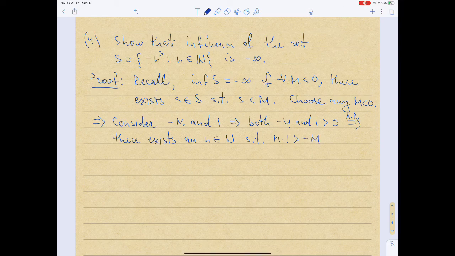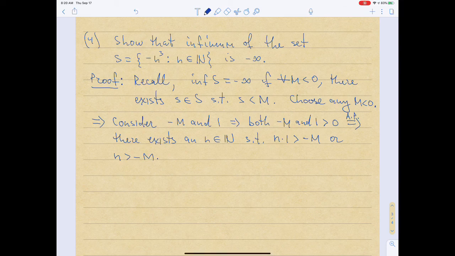Or that is the same thing, minus n is bigger than minus M. Okay, so n is bigger than minus M. N is a natural number.